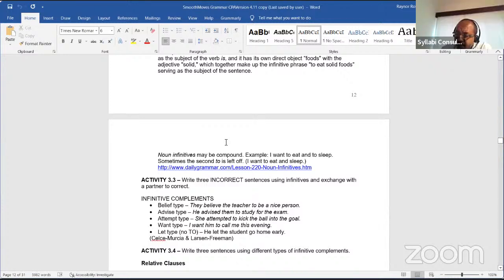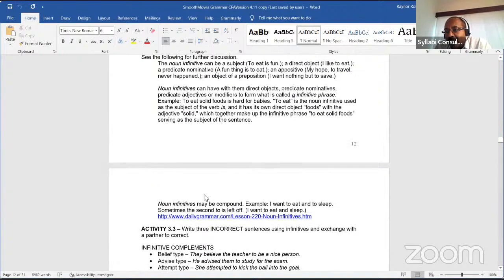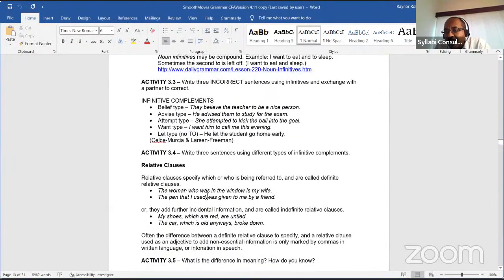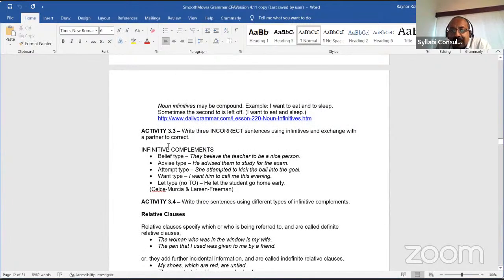So the infinitives, I think we talked about infinitives a while back, when we were determining that to with a verb can be used to describe a noun or a verb or a situation. They believe the teacher to be a nice person. See, the to be is an infinitive complement. Belief type, advise type: he advised them to study.